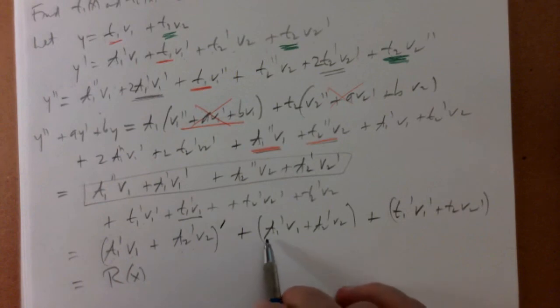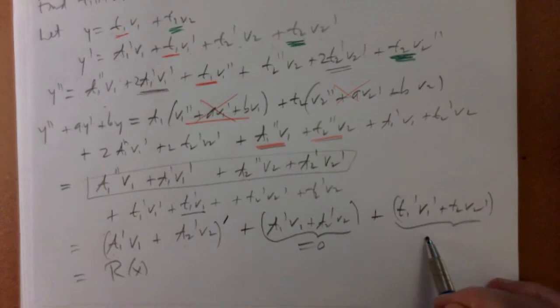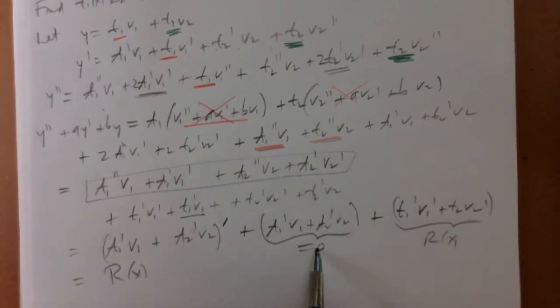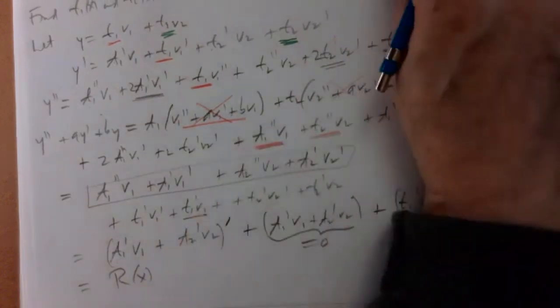Now, if this were equal to 0, and this were equal to R of X, if this were 0, the derivative would certainly be 0. So if I can choose T1 and T2 to satisfy these two equations, I'm done.